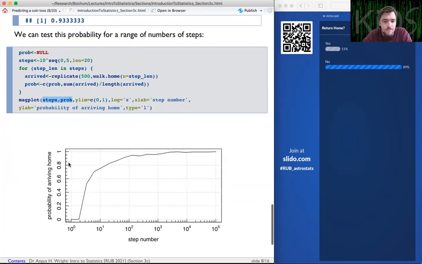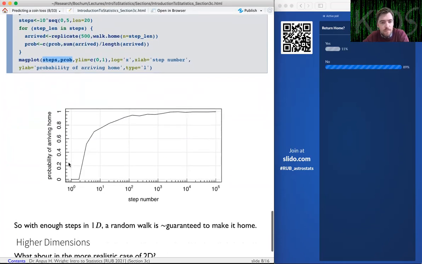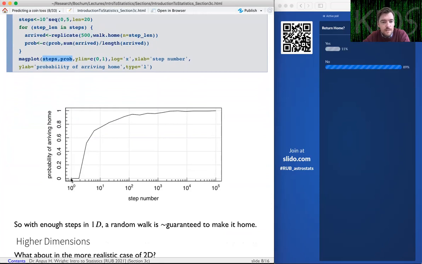And indeed, if you look at this probability, the probability of returning home if you only take 1 step is obviously 0, because you can't be a step away from home and be home. So the probability is 0 at 1 step. And then it increases as you go to more and more steps.